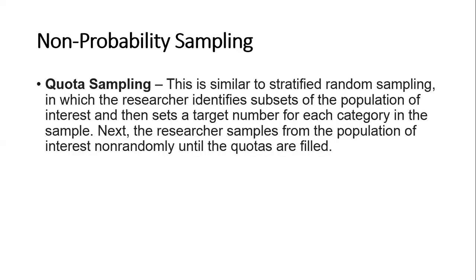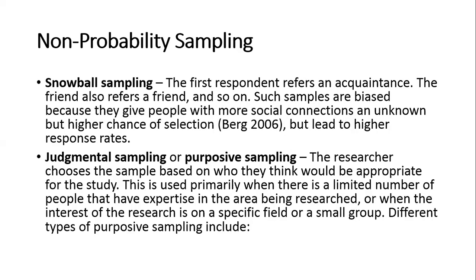Then we also have judgmental sampling or purposive sampling, where the researcher chooses a sample based on who they think would be appropriate for the study.